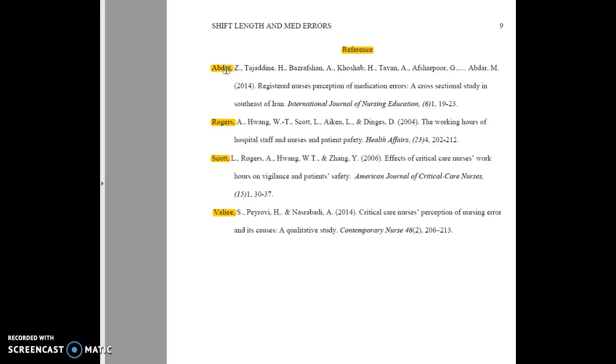Do not alphabetize within the particular study. The purpose of having it the way it's written is because the first author is typically the primary researcher. So you cannot change all the authors around to make it alphabetized. That's not what alphabetizing your reference list is. Alphabetizing your reference list is based on the first author.